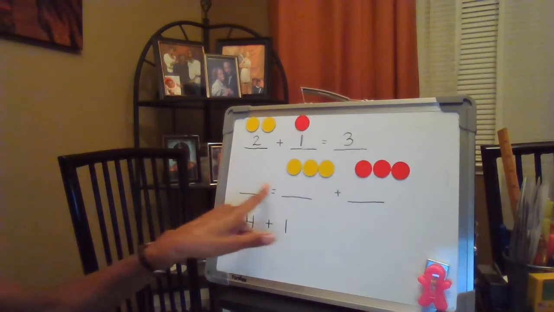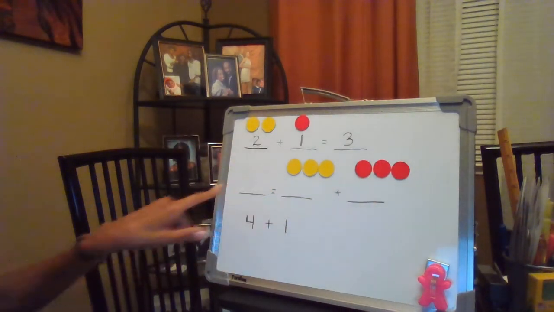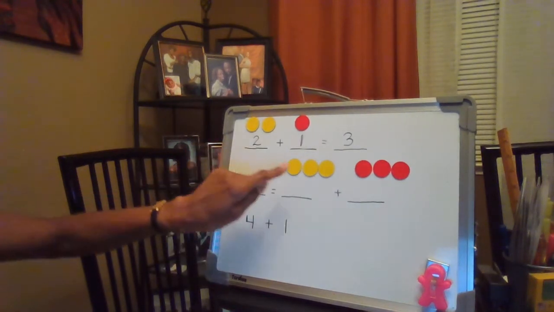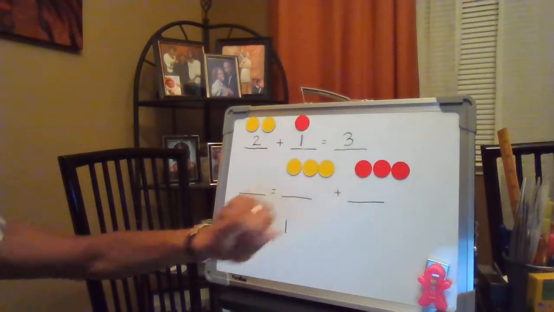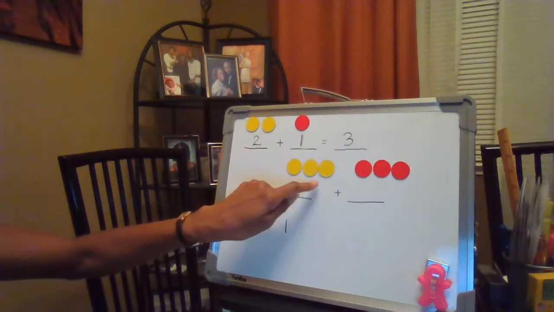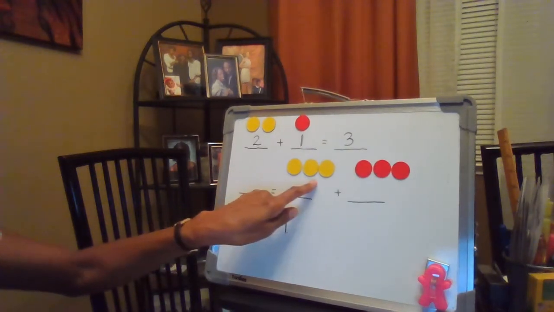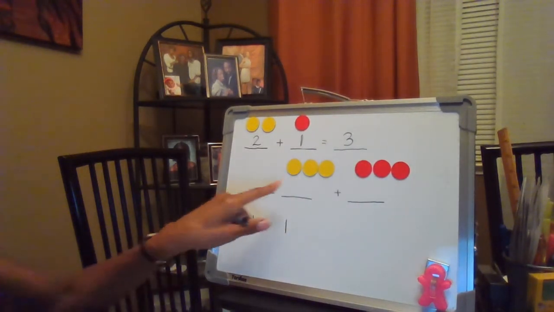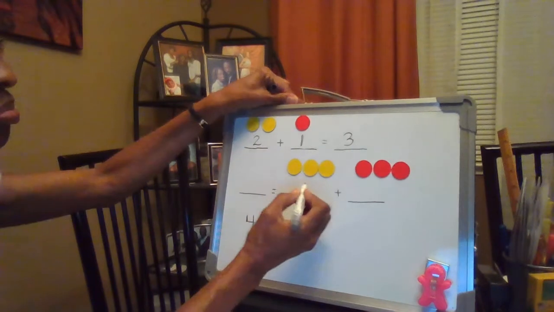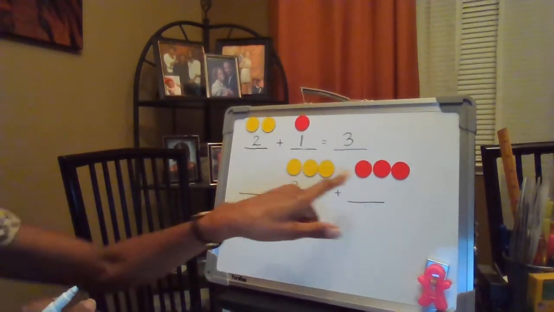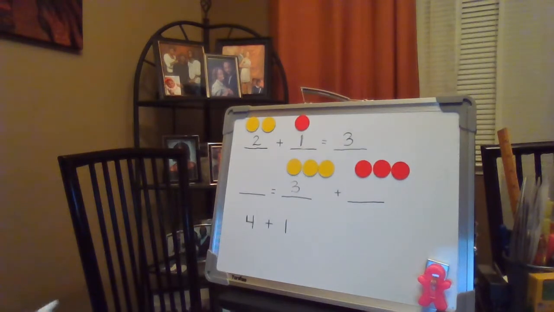Now, this is another way you can write an addition number sentence. My sum is going to be on this side, and my numbers are going to be on this side to represent how many of something I have. So how many yellow counters do I have? 1, 2, 3. I write the number. How many red counters do I have? 3.